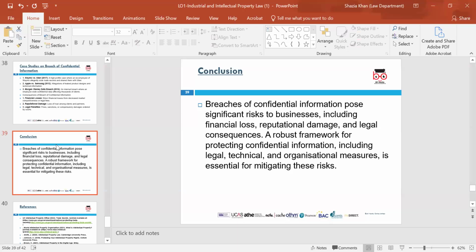In conclusion to assessment criterion 1.5, breaches of confidential information pose significant risks for businesses. As we mentioned, it could be financial loss, damage to your reputation, and legal consequences as well. A robust framework for protecting confidential information, including legal, technical, and organizational measures, is essential. It is so important for any organization to protect its trademarks and intellectual property, because the world is changing. Intellectual property is complex, and more assets are being digitized and accessible online.